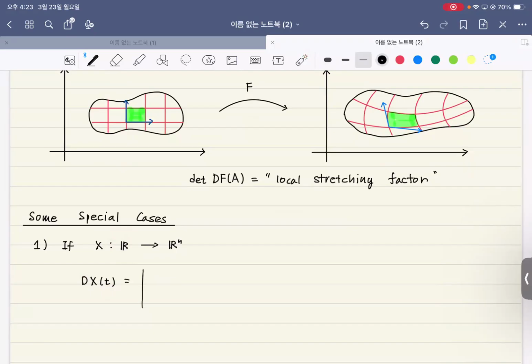Say that x of t consists of small x1 of t, small x2 of t, up to small xn of t. Say that these are the components of your function x, then its matrix derivative is dx1/dt through dxn/dt.